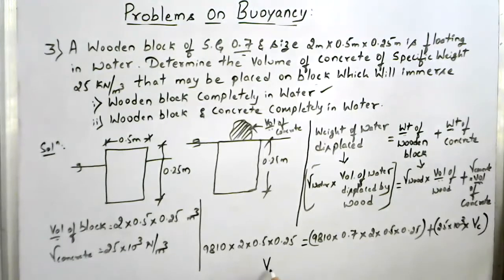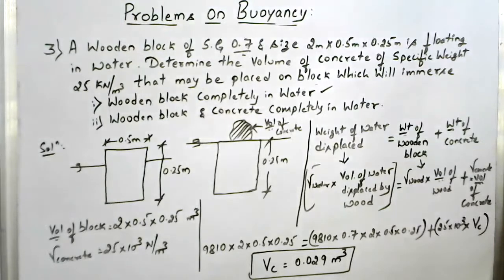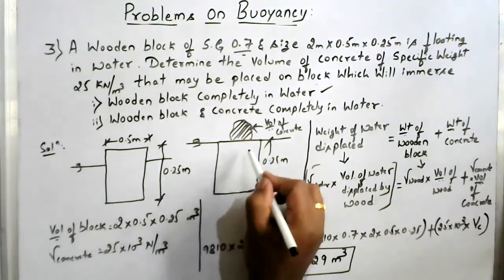If you simplify for VC, it works out to be 0.029 cubic meter.